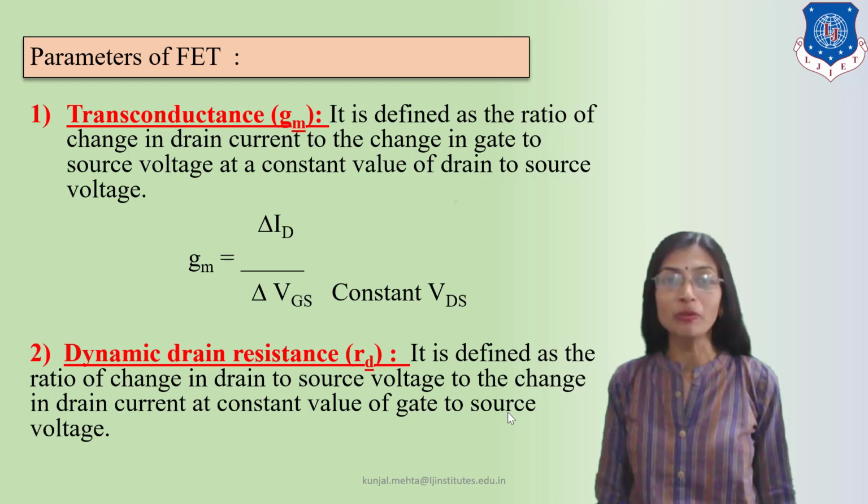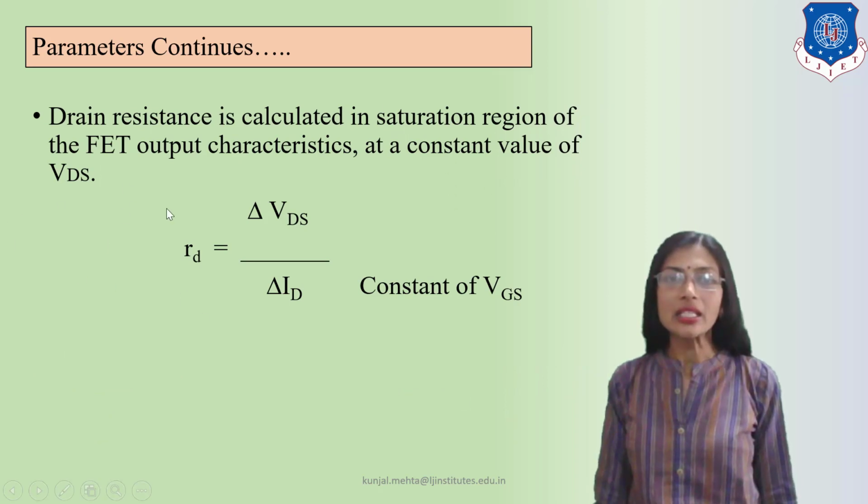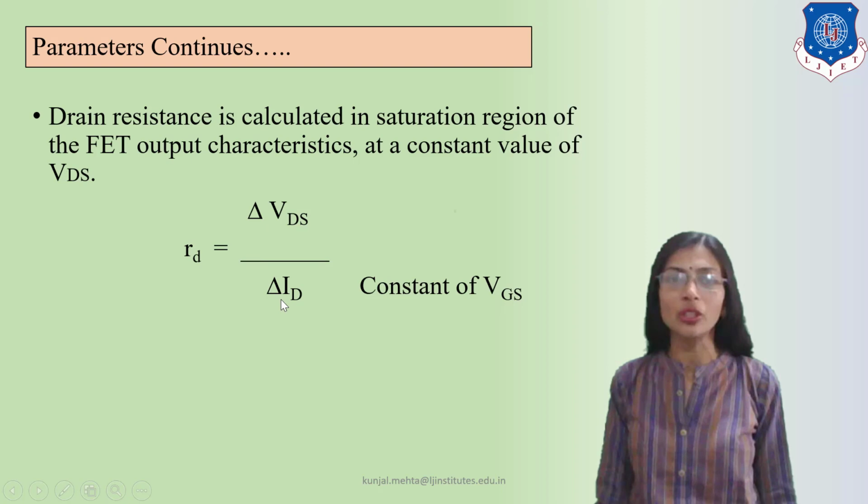So how do we write down the formula for RD? Look at this. This is the RD formula, equal to the ratio of drain to source voltage change upon drain current change. The change is denoted by delta. So we have the ratio of delta VDS upon delta ID by keeping the input voltage constant.